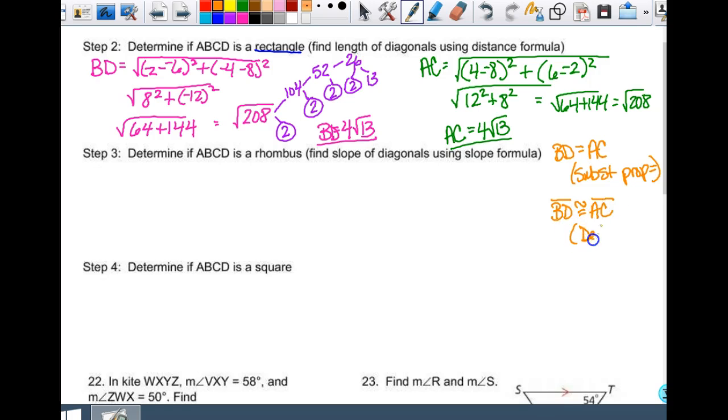That's the definition of congruent segments. So then I can say that if you have a quadrilateral with congruent diagonals, then it is a rectangle. So I have determined that it is a rectangle.